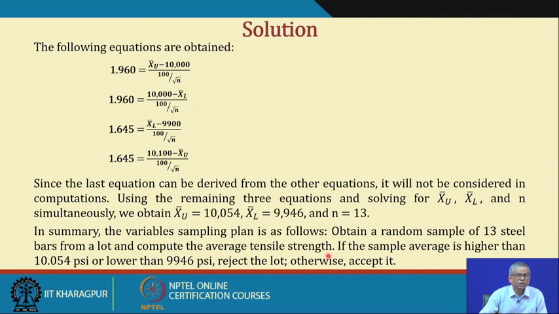That means 13 such values you will be getting. You compute the average value, and that is x bar. If the sample average is higher than 10054 psi or lower than 9946 psi, reject the lot, otherwise you will accept it.